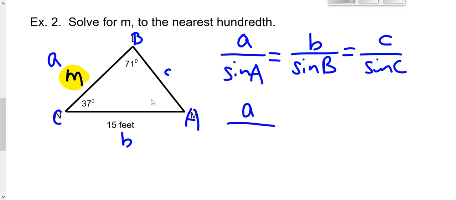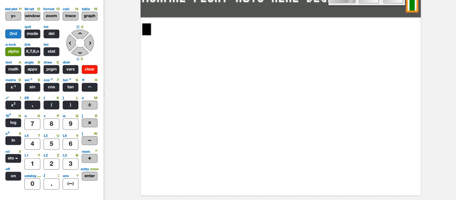And then my sine A, well, we don't know the angle, but we know one thing for sure. The sum of all these angles add up to 180. So we can just quickly punch that into your calculator. So 180 minus 37 minus 71.